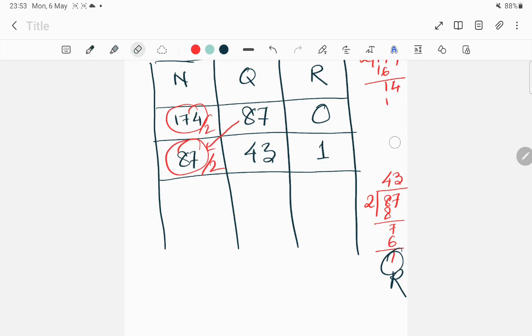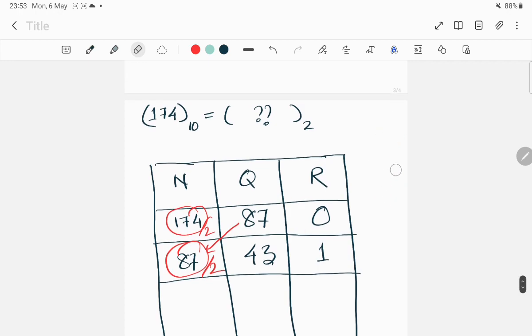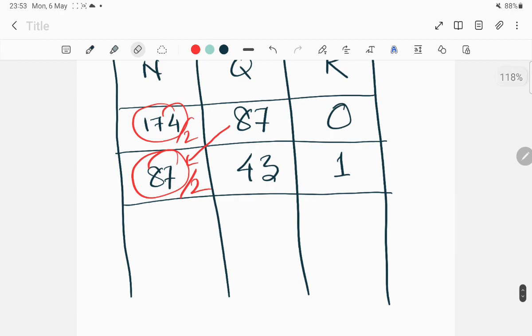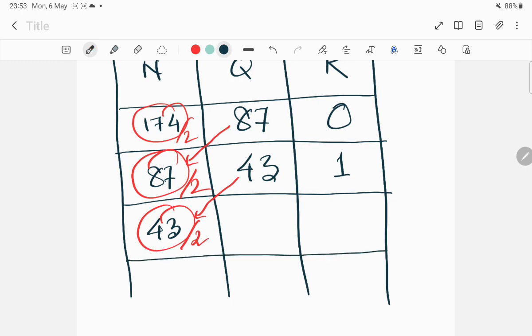Similarly, next step is this thing will come here. Now we have 43. What is the next step? We need to divide it by 2. 43 divided by 2: 2 2s are 4, 2 1s are 2.